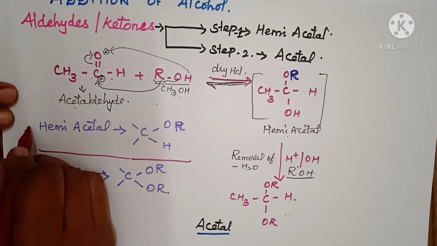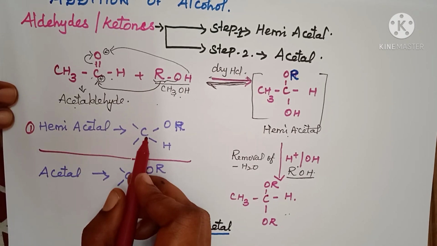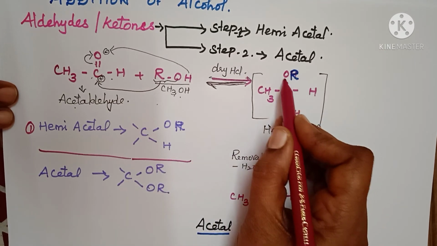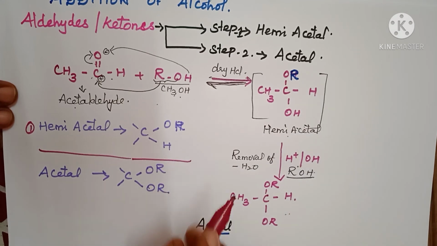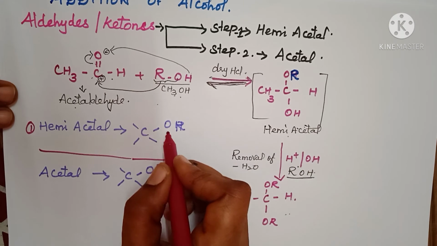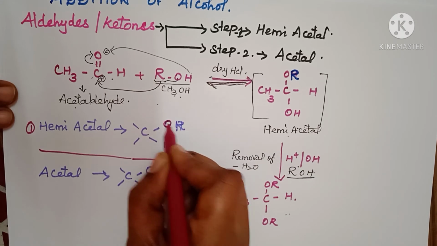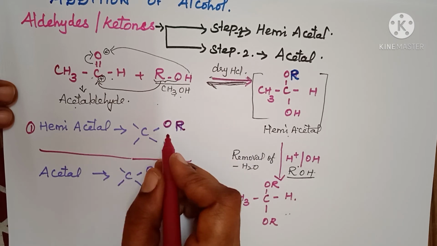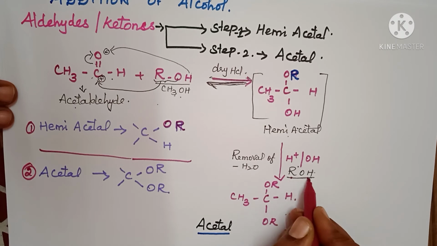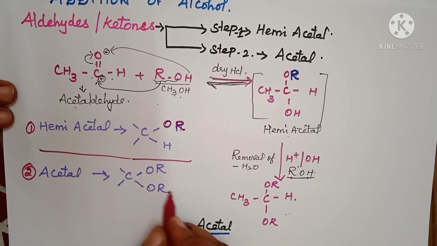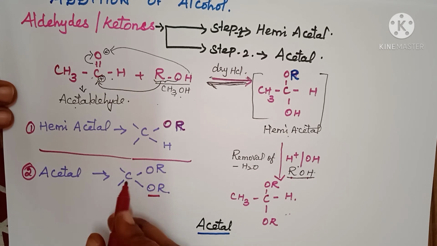See, hemiacetal is the first step. In hemiacetal, two equivalent molecules of alcohol are used. One molecule of alcohol only will go and sit over there, that is OR, an ether compound. Then in the second step, you are adding ROH again. You are removing that OH part and adding OR, so two ether groups are combined with the alkyl compound, that is called acetal.